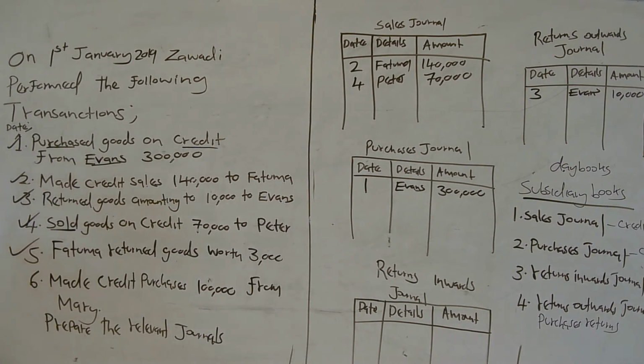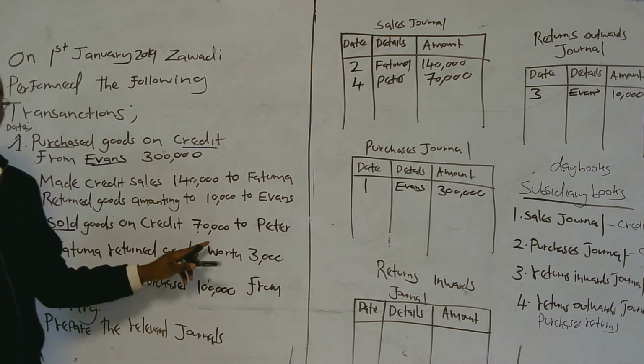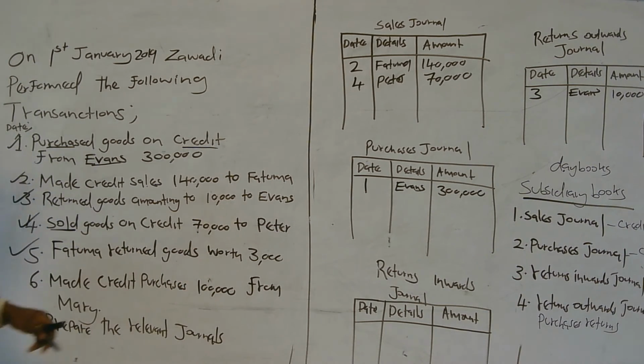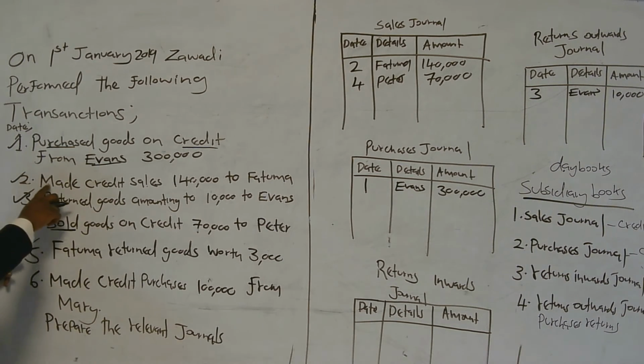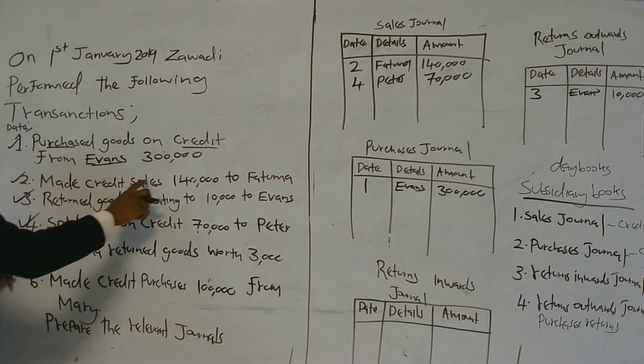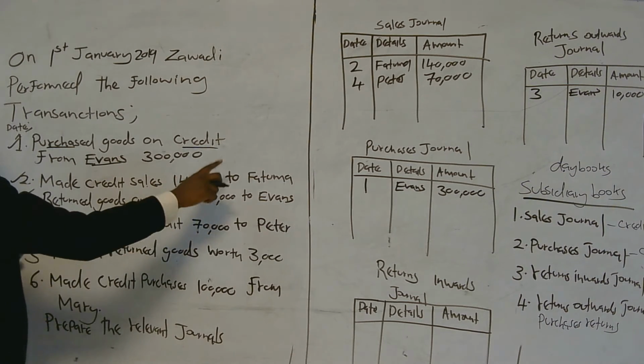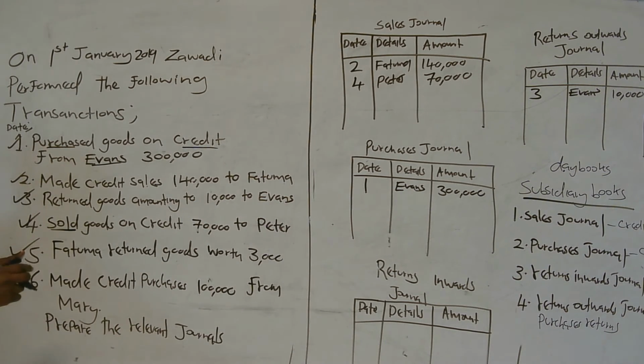And then we go to date 5, whereby we have been told Fatuma returned goods worthy 3,000. So you have to ask yourself, who is Fatuma? And you can see Fatuma on date 2. It was actually made credit sales of 140,000 to Fatuma, which means that we sold to Fatuma. Fatuma is our customer.